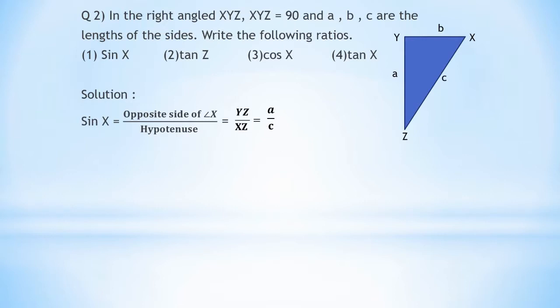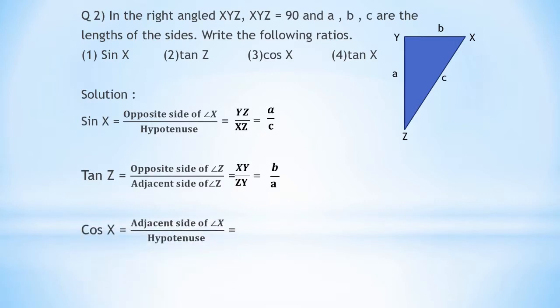The value of YZ is A and the value of XZ is C. So sin X will be A upon C. Next is tan Z, which is opposite side of angle Z upon adjacent side of angle Z, which is equal to XY upon ZY, which is equal to B upon A.